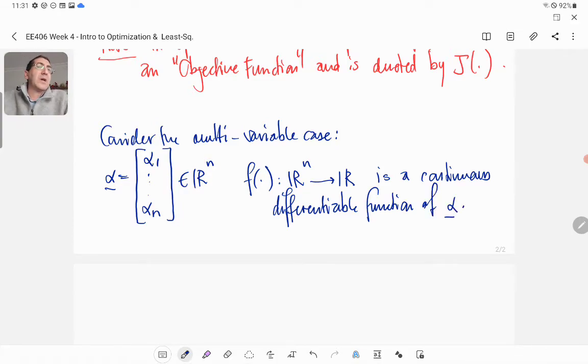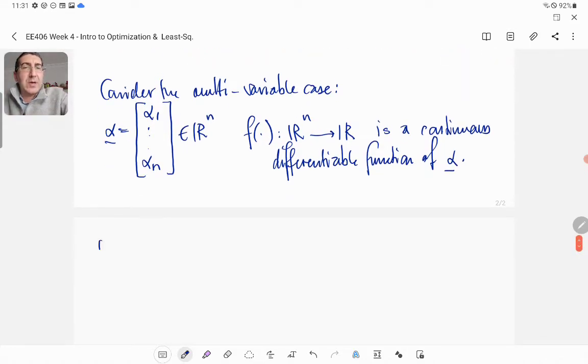You can see what kind of problems may arise if this is not continuous or not continuously differentiable. In that case, you may have discontinuities in the function, and we cannot really impose our necessary conditions or the sufficient conditions.